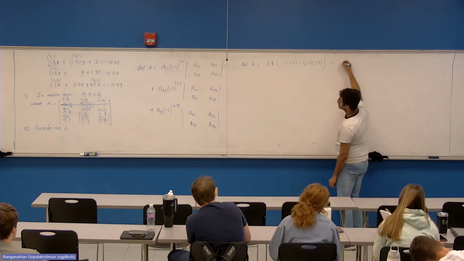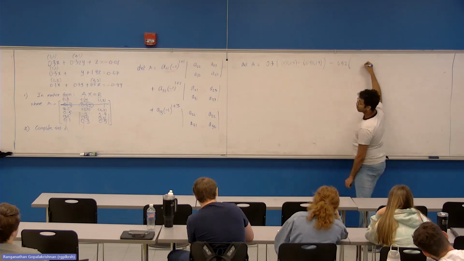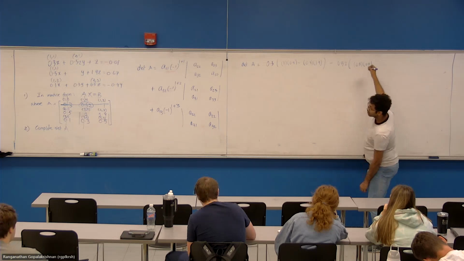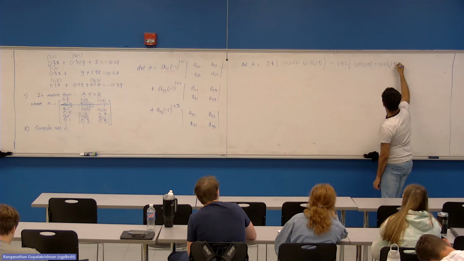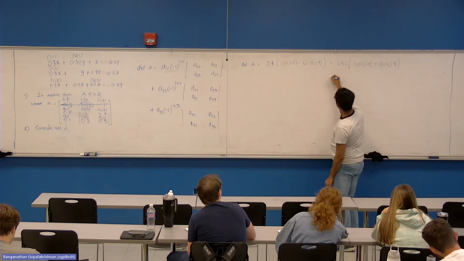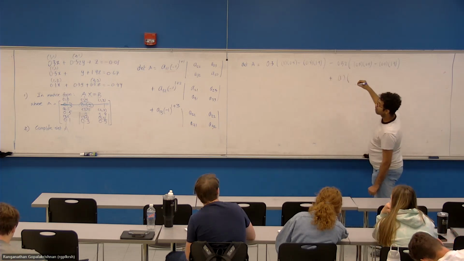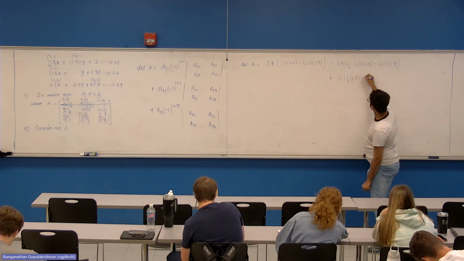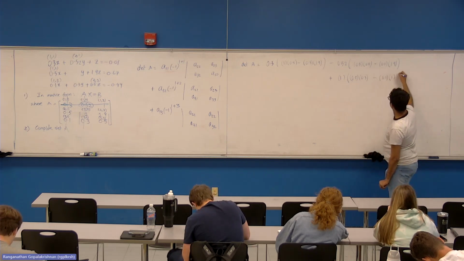Okay, minus, what's the second term? 0.52 multiplied by 0.5 times 0.5 minus 0.1 times 1.9. That's the second term. And then the third term is plus 1 times 0.5 multiplied by 0.3 minus 0.1 times 1.